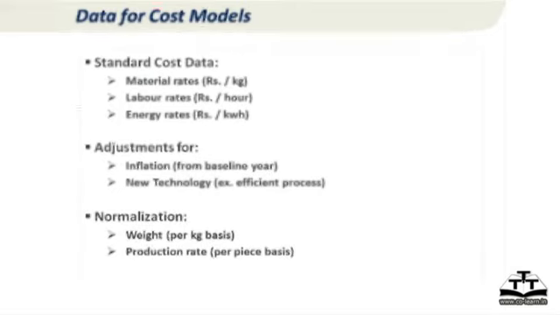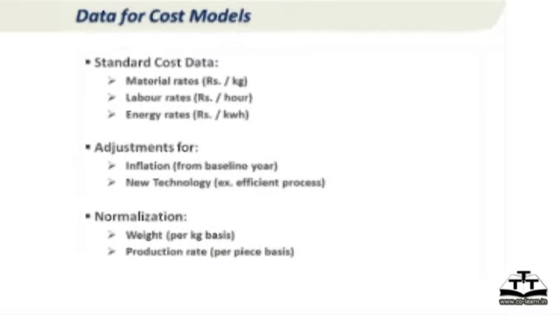Now before I go into the cost models, we also have to understand and appreciate that the data for cost models is as important as the equation which we use in the cost model, and these data can be standard data which keeps changing all the time, like material rate or labor rate or energy rate, and we have to put the values of that. We also have to worry about adjusting those values, let's say if inflation has occurred over a period of time, or let's say some new technology has come which makes my labor rate or equipment overheads drastically different.